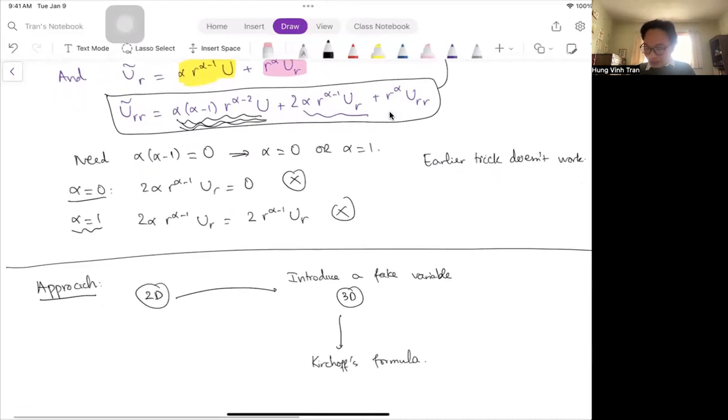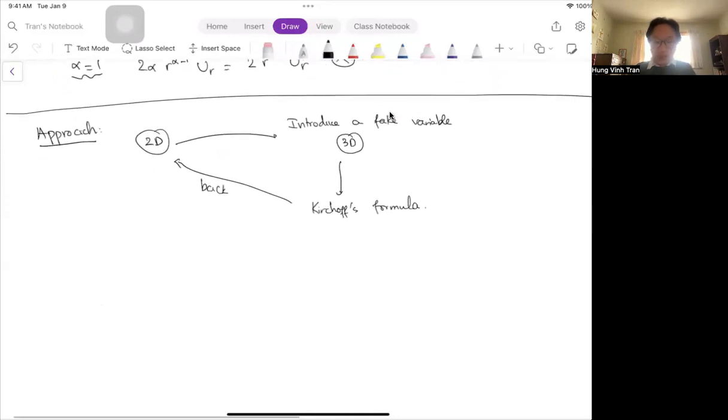And then we get rid of one variable to get back to 2D to get the Poisson formula. Okay, so that's how it goes. Let me now write things down a bit clearly so that you can see.